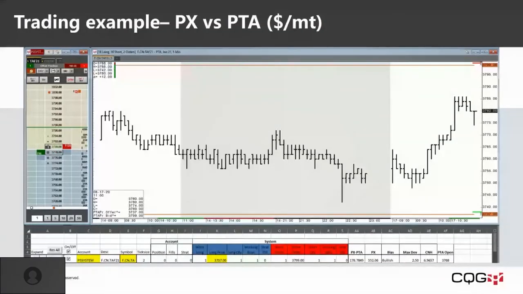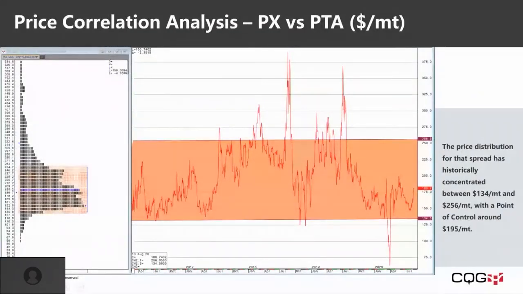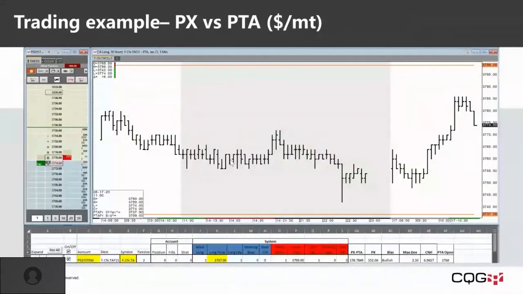Going back to the previous slide, we're trying to be on the buy side of that spread whenever it's lower than a certain level, and potentially take the sell side when it's on that side. This is the type of strategy we can use on the PX versus PTA.